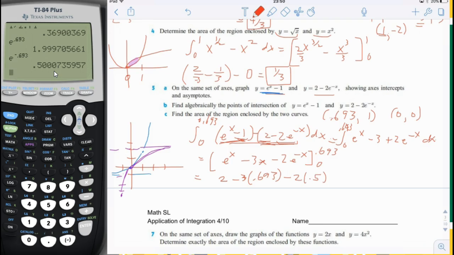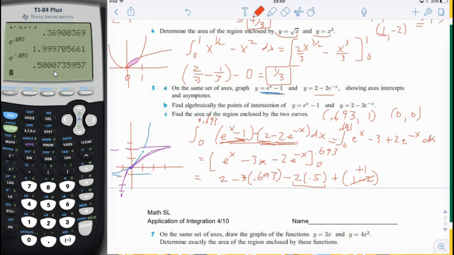And then now we're going to subtract all these values with 0 plugged in. So e to the 0 is 1, minus 3 times 0 is 0, and e to the negative 0 is 1, so it's minus 2. So 1 minus 2 is negative 1, minus a negative 1 is positive 1. This is a minus negative 1, so it's 1 minus 1, those cancel each other out too.